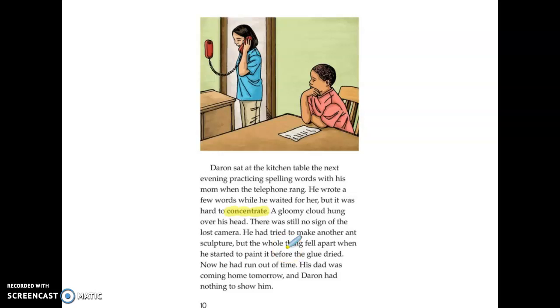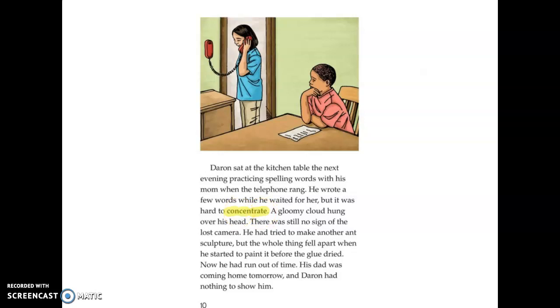He wrote a few words while he waited for her, but it was hard to concentrate. What do you think concentrate means? Concentrate means it was hard to focus. So if I put that, he wrote a few words while he waited for her, but it was hard to focus.